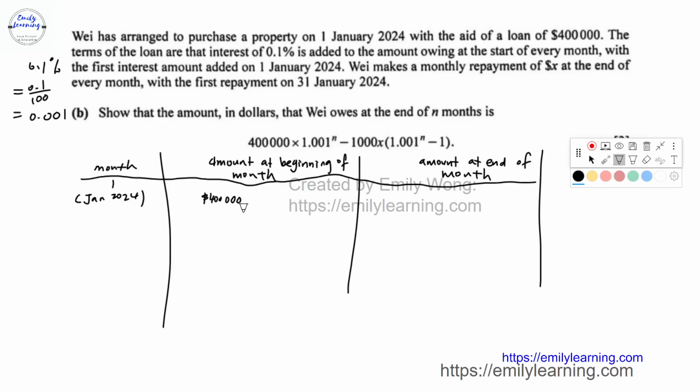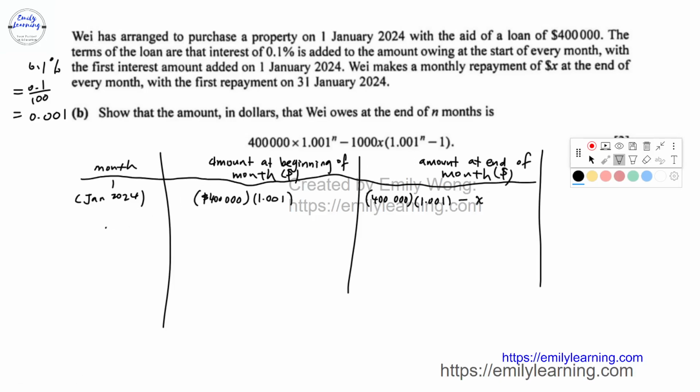So the amount that she owes will now become 400,000 times 1.001. Then at the end of the month, she made a repayment of X dollars. So the amount owed will be 400,000 times 1.001 minus X.